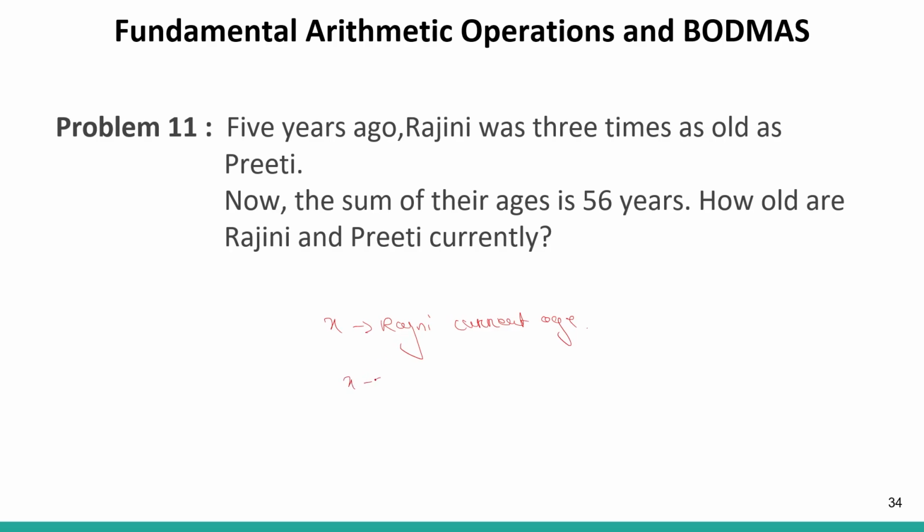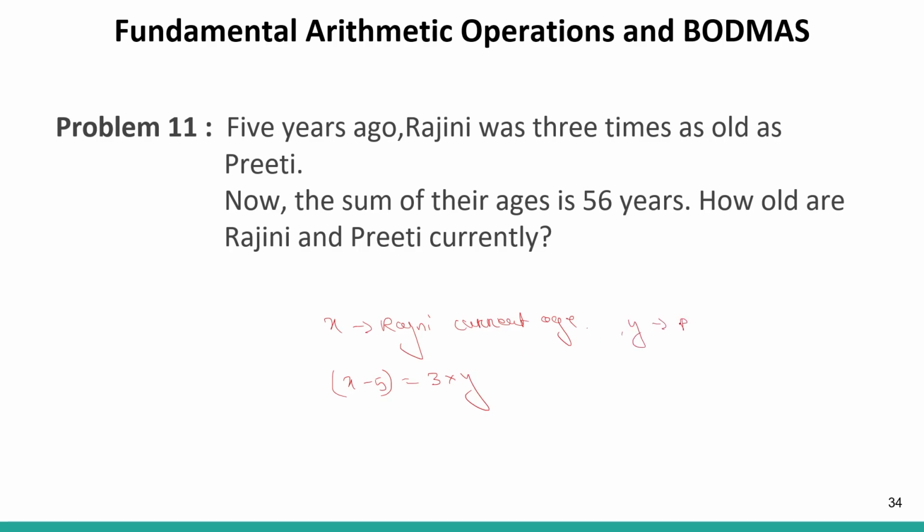So X minus 5 is equal to 3 into Y, 3 times as old as Preeti, if Preeti's age 5 years ago was Y.